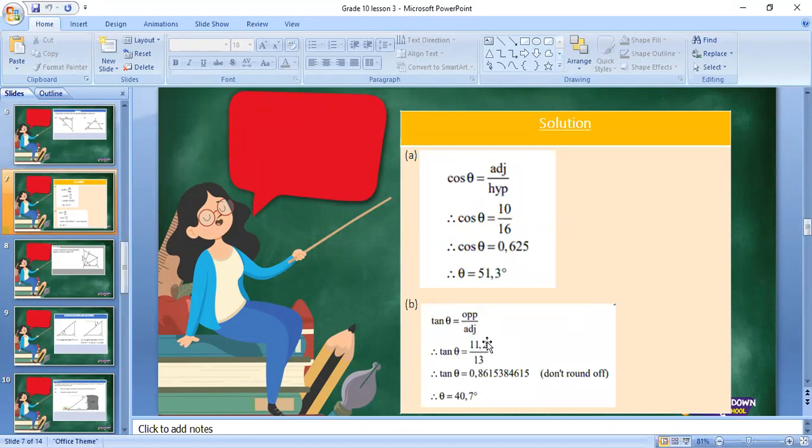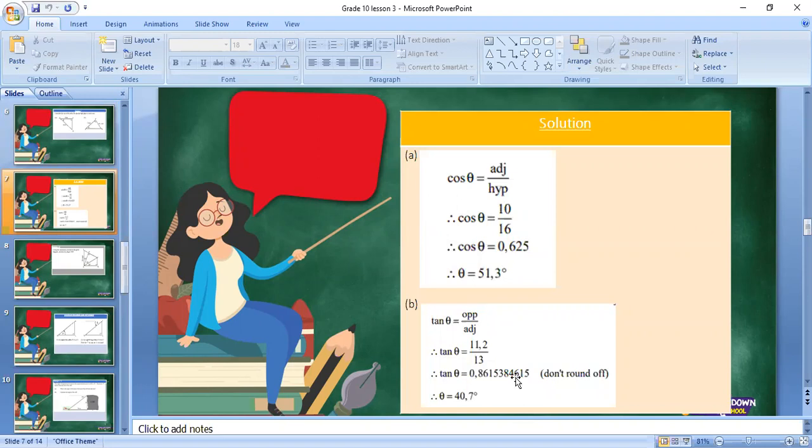And then you simplify this, punch it in, and it's going to give you this. Again, don't round off, because if you round off, it shortens your answer and makes it not accurate. Do not approximate in the course of calculation.